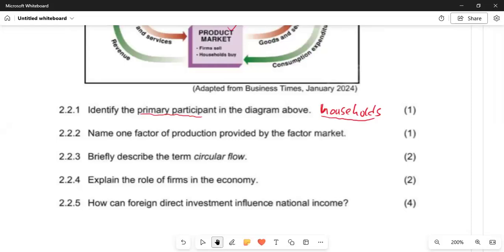The roles of firms in the economy: they pay taxes. They also produce goods and services.